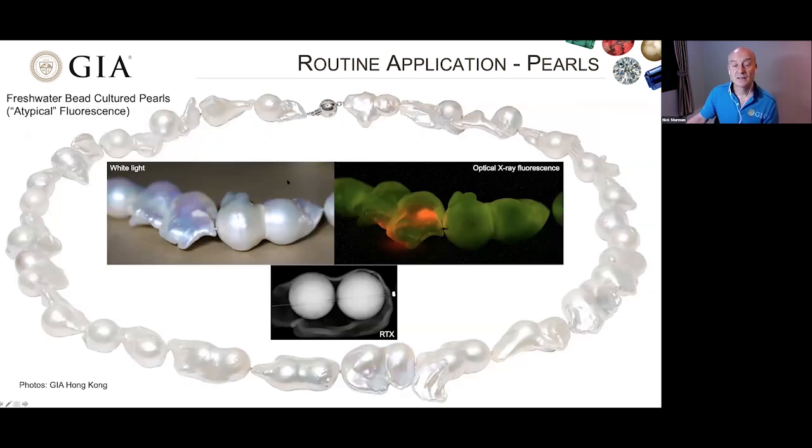Sometimes, though, we get atypical fluorescence as well. So this example shows you very clearly that it's not producing the usual green, yellowish green fluorescence that we expect. There are areas which are very strong orange.